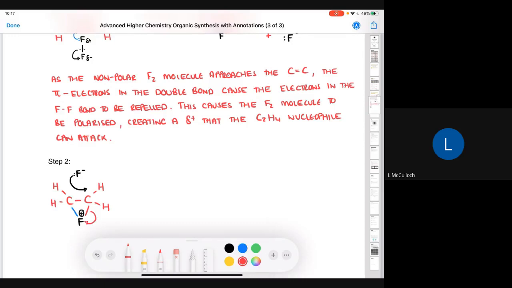So what we'll do is we'll start our second curly arrow on the carbon to fluorine bond in the intermediate, and we're going to put those electrons in that bond back onto the fluorine, which will break that bond and leave just the blue carbon to fluorine bond on that side there.